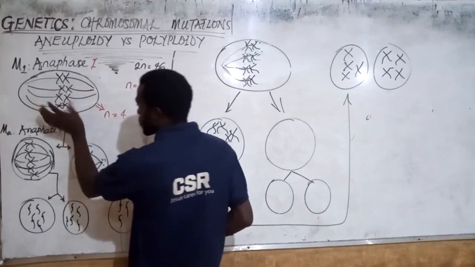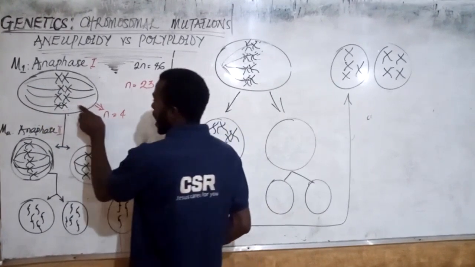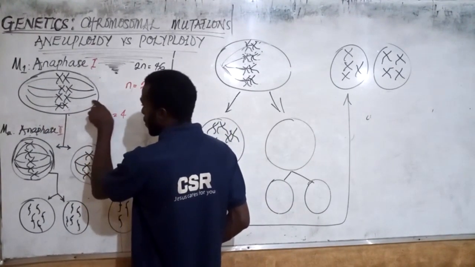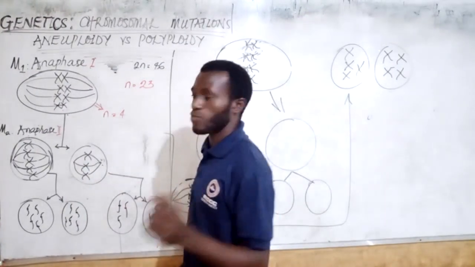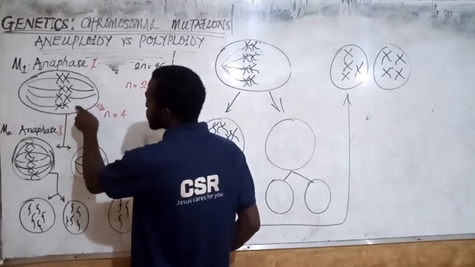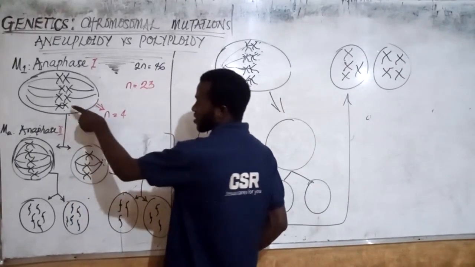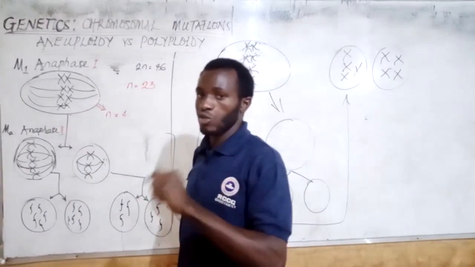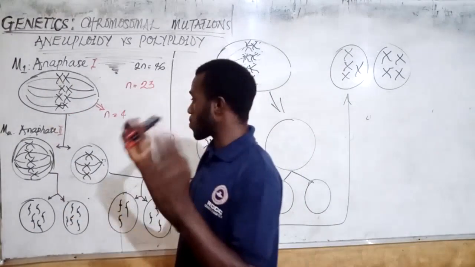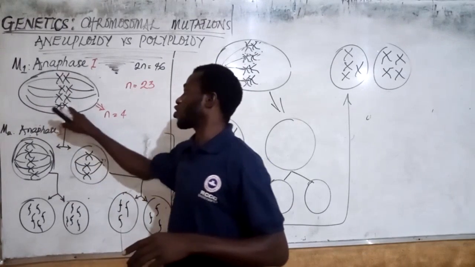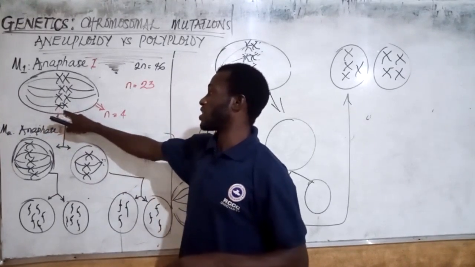The third set separated equally. But look at this one. Because of the absence of the spindle fiber, a condition known as spindle assembly dysfunction, non-disjunction occurs. Naturally, they should disjoin and move away, but at this last set, no disjunction happens.